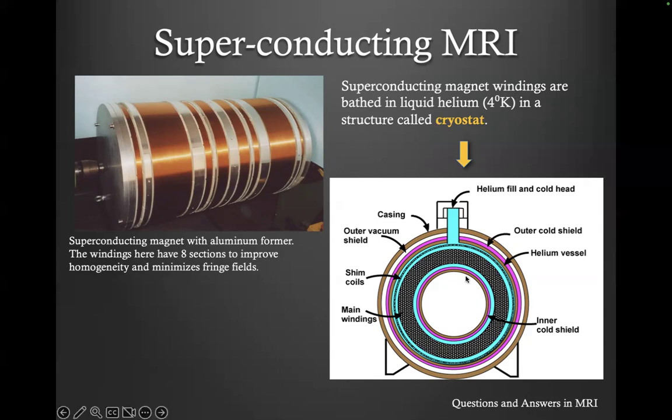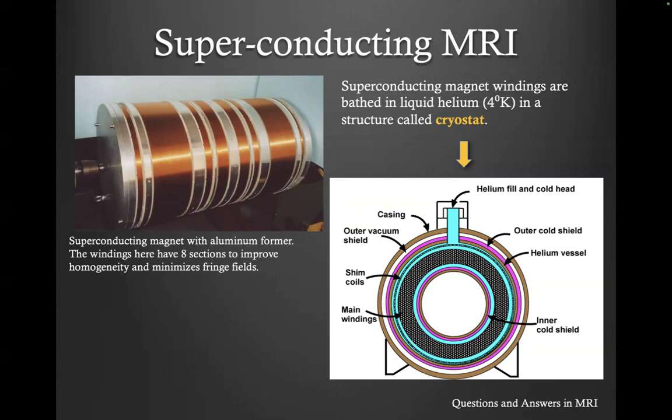So this is kind of the structure of an MRI scanner. You have this liquid helium, and the cold head keeps pumping the helium inside, and your coils are submerged in this liquid helium. Then it goes out, circulating out and taking away any heat.